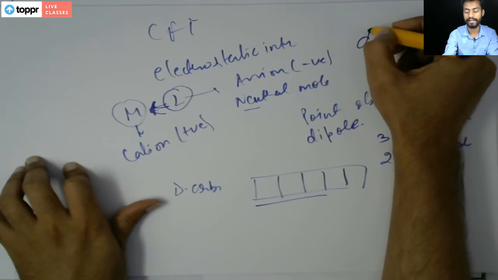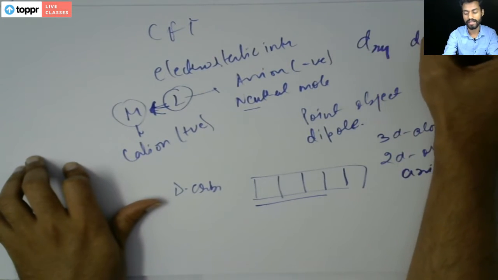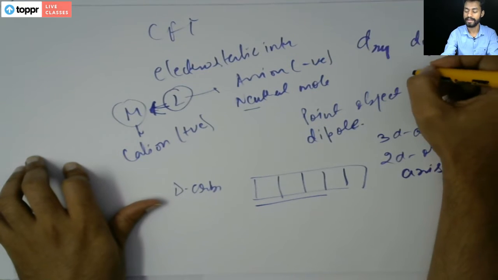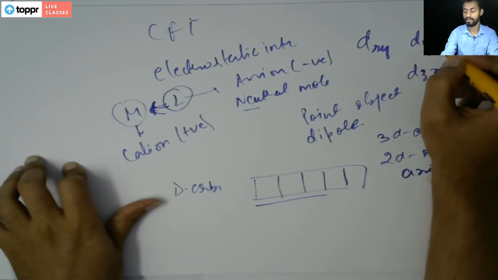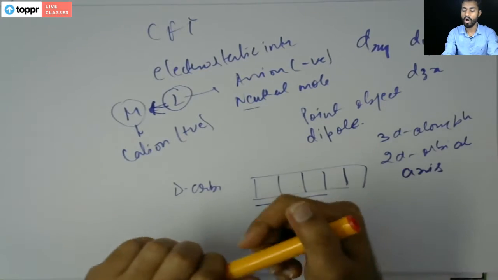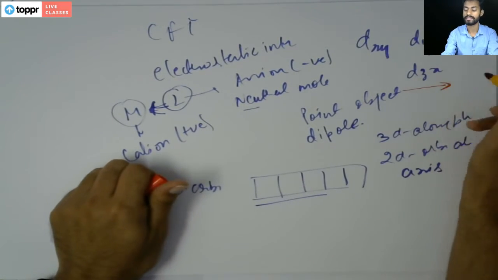There are basically dxy, dyz, and dzx. These 3 orbitals are along the planes.